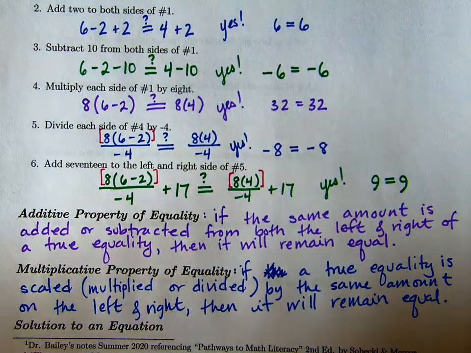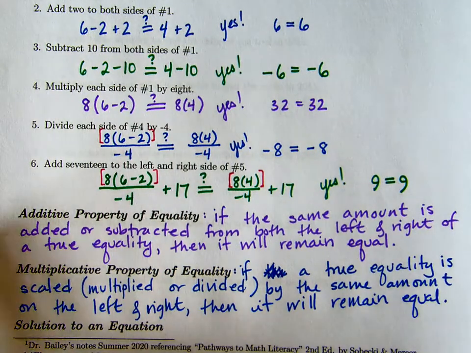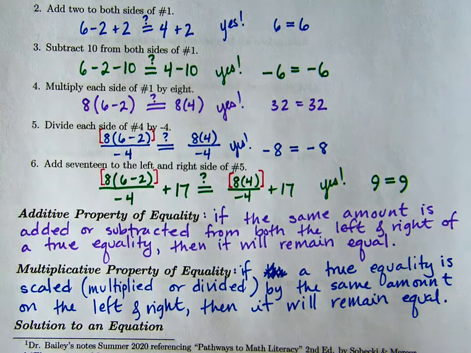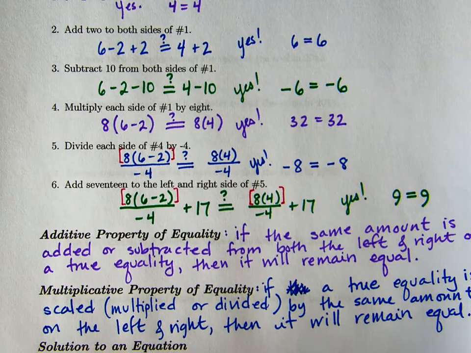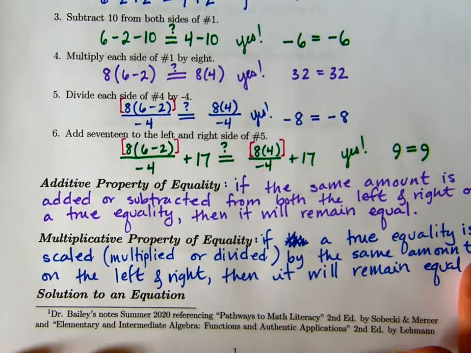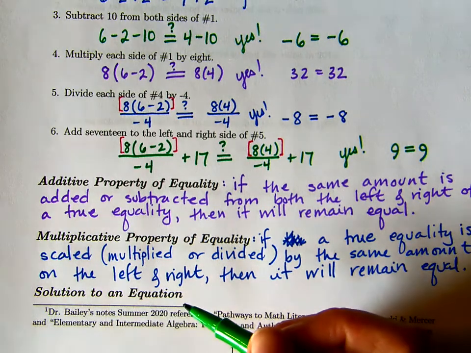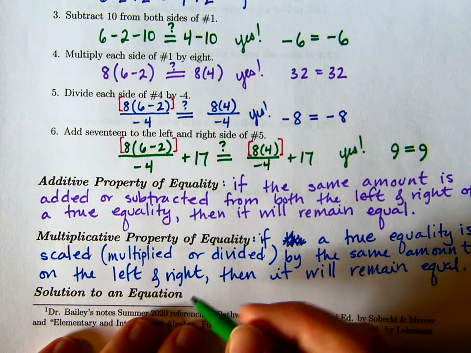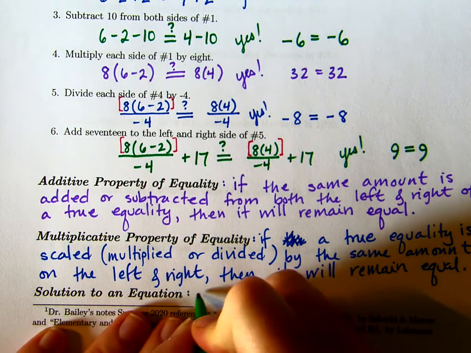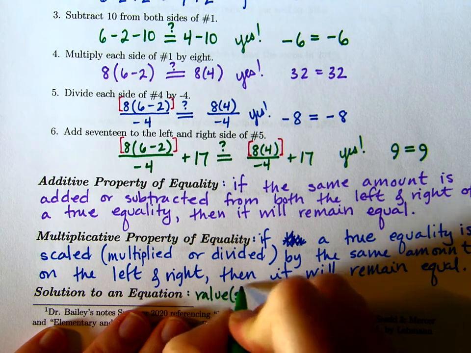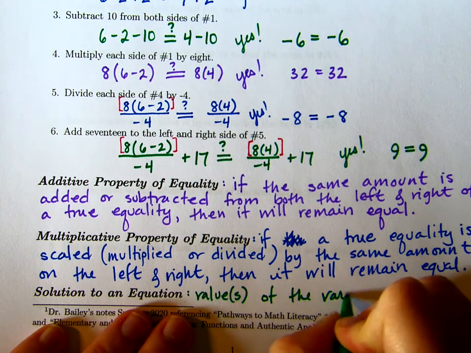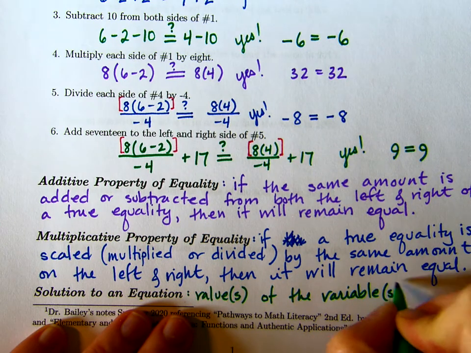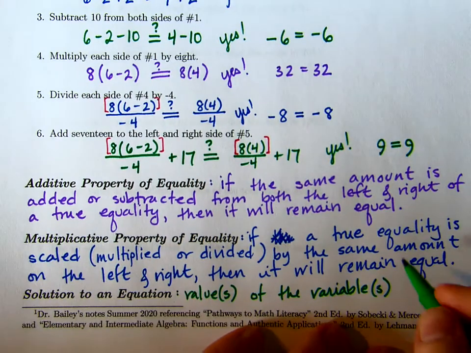then it will remain equal. And then let's remember the solution to an equation. And now we're just going to be looking at equations in one variable, but still we could have equations that have more than one variable and solutions that have more than one corresponding value to each other to make equality happen. So, nonetheless, let's put the value, or values, of the variable or variables that make the equality true.